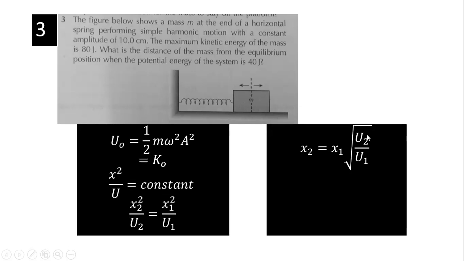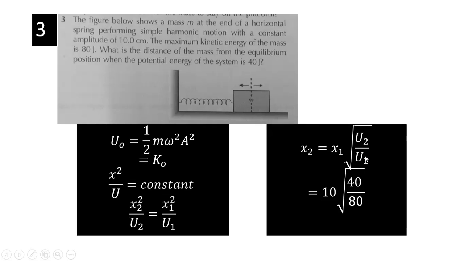Final is 40, as you are told the potential energy is 40. Initial is 10 cm, so you put 10 cm and your answer will be in cm.